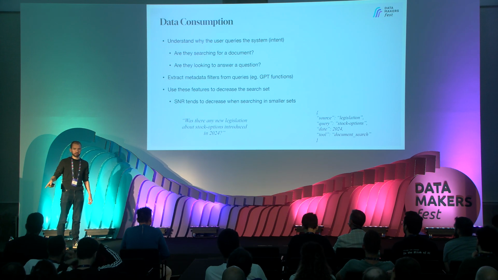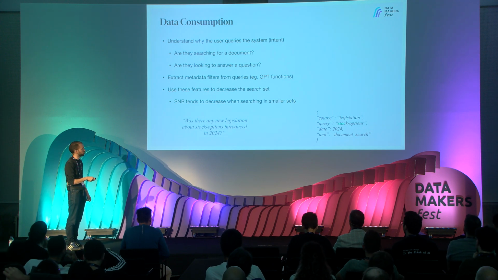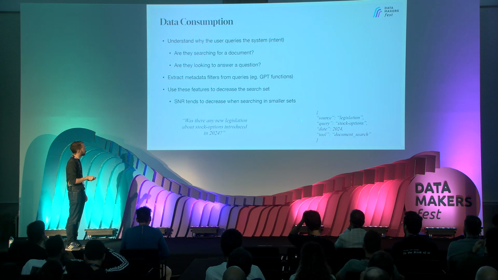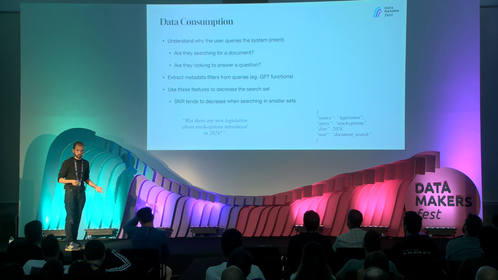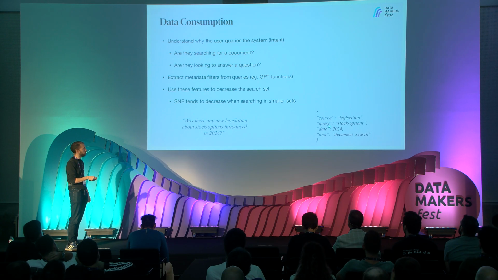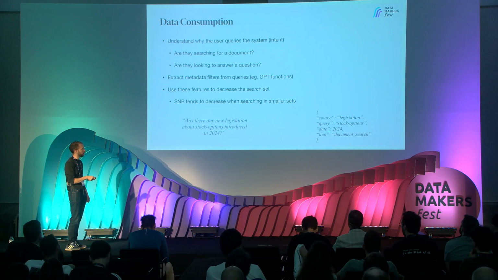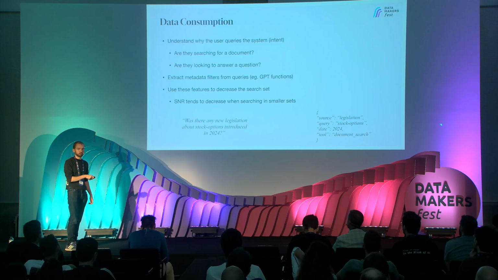I don't want to look for court rules. I don't want to look for internal emails. I just want legislation. So we can increase the signal-to-noise ratio, the thing that I was talking about previously, because we are searching in smaller sets. Now, the query is just stock options. I just want legislation about stock options in the year 2024, and I want a document. I don't want to do question answering. I just want a document.